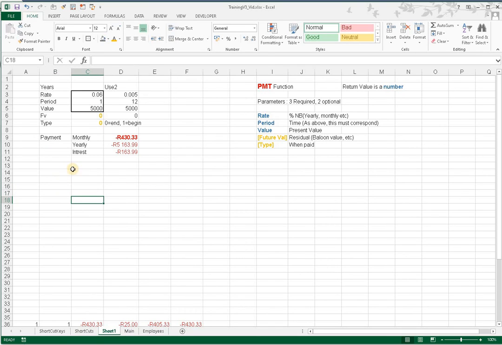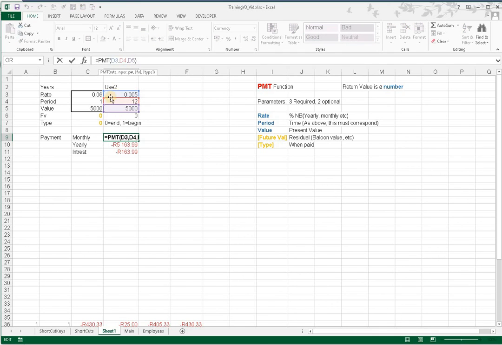Later, in later videos, we will make a little table and show those options. This video was mainly there to show the PMT function and how it works with the parameters.